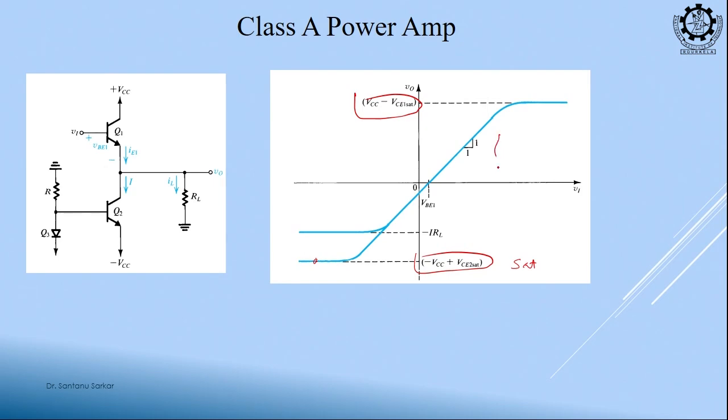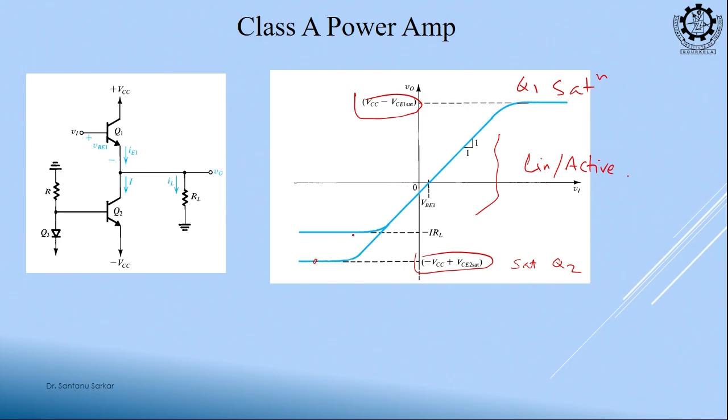Most of the time it is in linear or active, that is what we want, and where it is getting flat, it is actually in saturation. This is Q1 in saturation, this is Q2 in saturation.